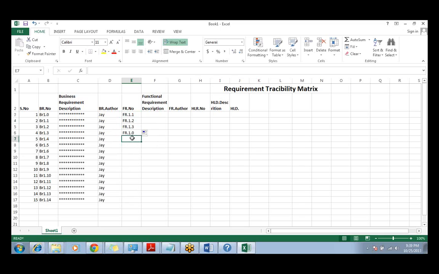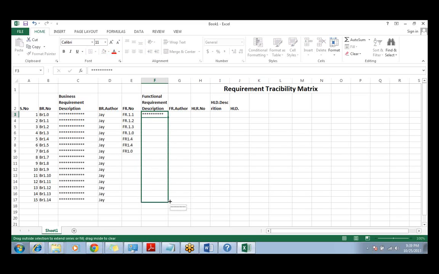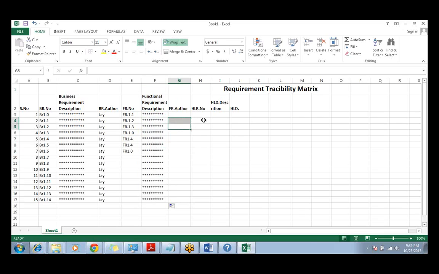Then you have FR 1.4, FR 1.0, something like this. Then this is just your dummy placeholder. We are not completing it. Leave this part. Let's first complete over here. So now this is the HLD author.